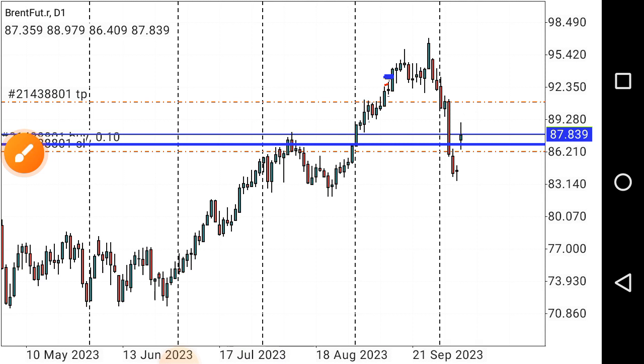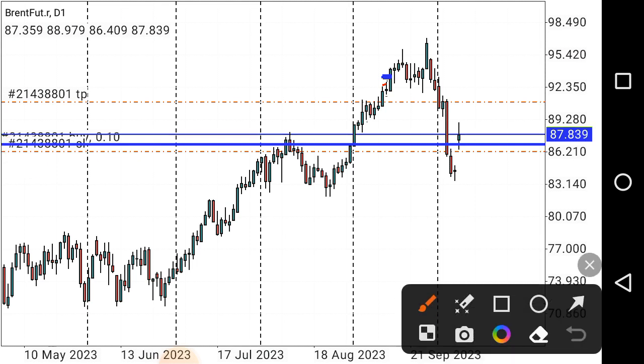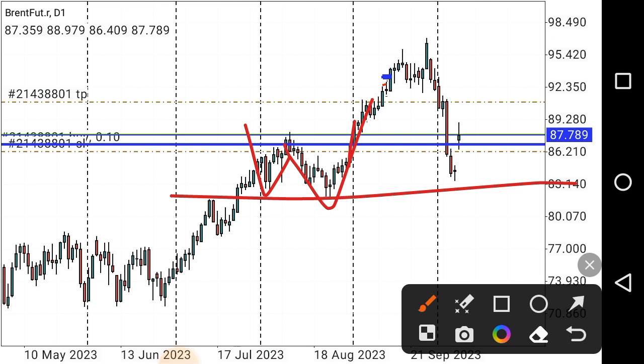Another thing that I also want to bring to your attention, guys, is that as much as I'm saying that we should look for potential buy opportunities, just also note that if you were to look at this area over here, the market had also given us what seems to be another W formation, right? I hope you guys can see that. And you guys know that whenever we have these W structures, what normally happens is that a lot of traders and investors buy on the second leg and they place their stop losses just below.